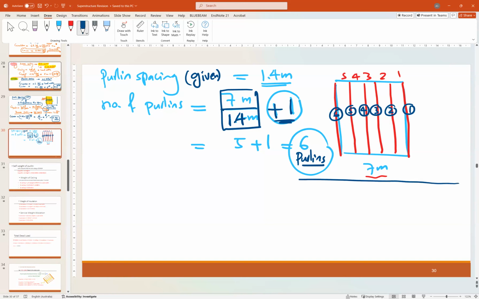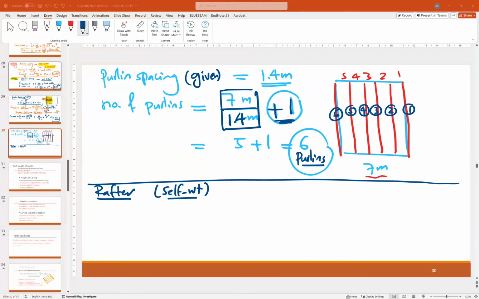What is the last load we need to find? The rafter self weight. For the rafter self weight, we need to assume a section if needed. If the section is not given, you go to the section table.